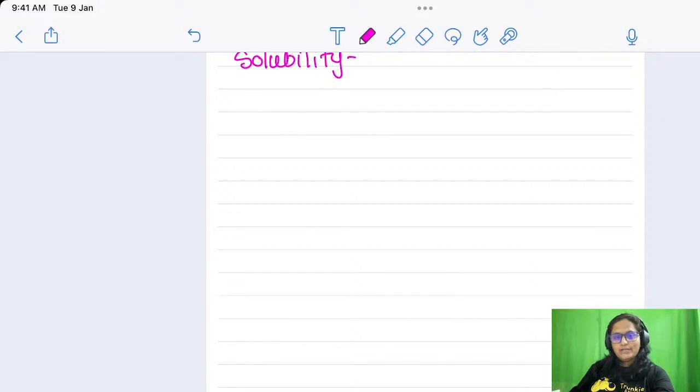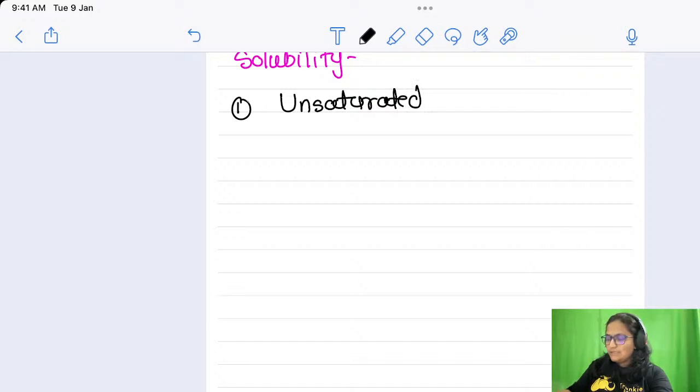On the basis of solubility of the substances, there are three types of solutions, right? Okay, so first of all, I'll write down the three types and then we will discuss them in detail. So first is the unsaturated solution. I will explain them later on in detail. Let me first of all write them: unsaturated solutions.